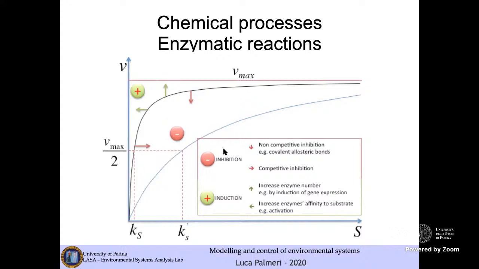So in case of competitive inhibition, you reach the saturation much later. In case of induction, for example, in case of increase of enzyme affinity to the substrate, you tend to reach the saturation condition much quicker.